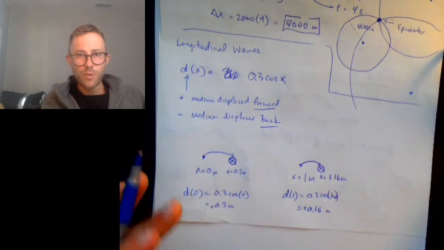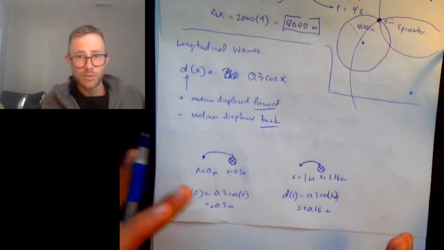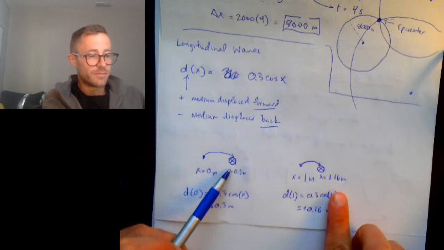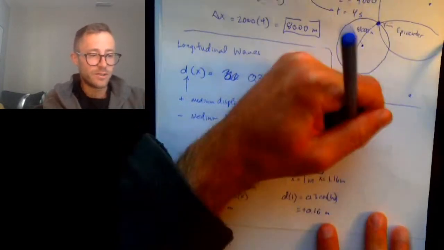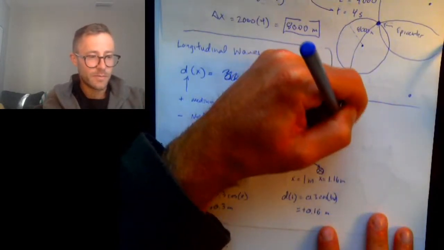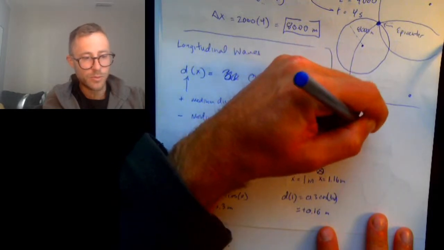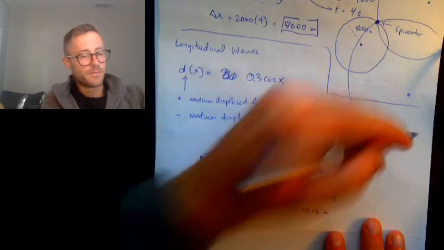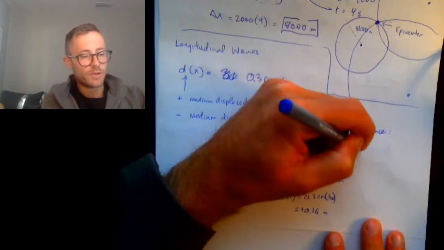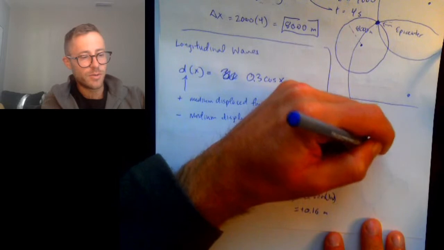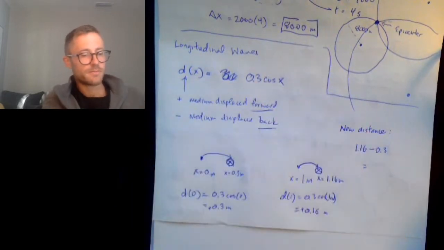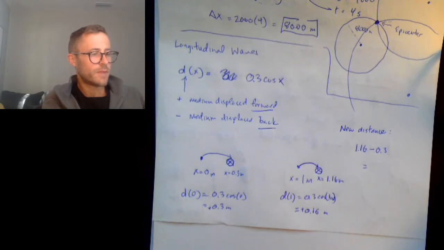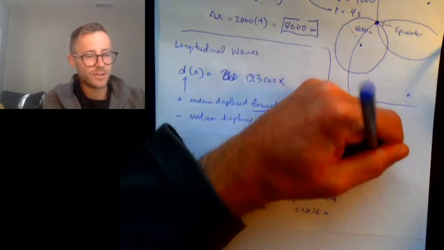So as the wave is passing through, the new distance between these 2 points is going to be 1.16 minus 0.3 equals 0.86 meters.